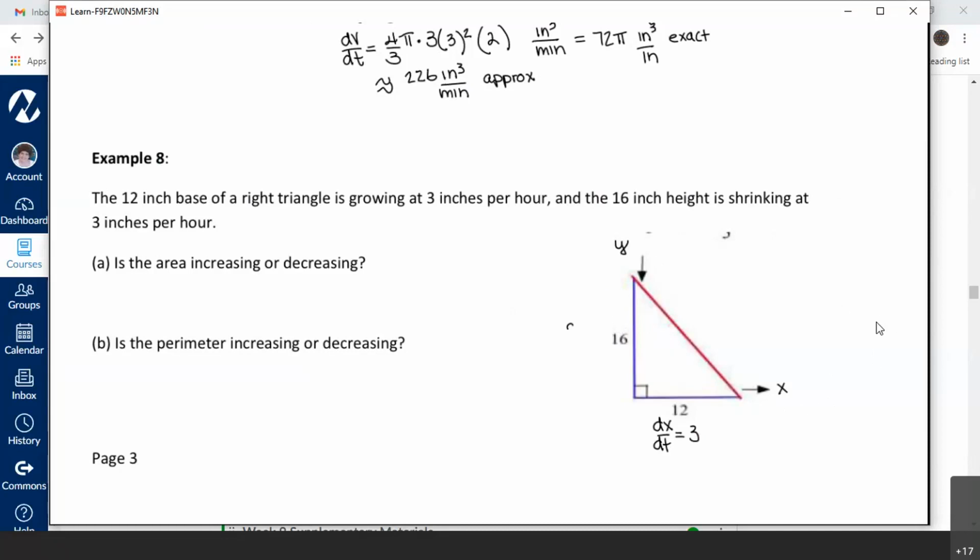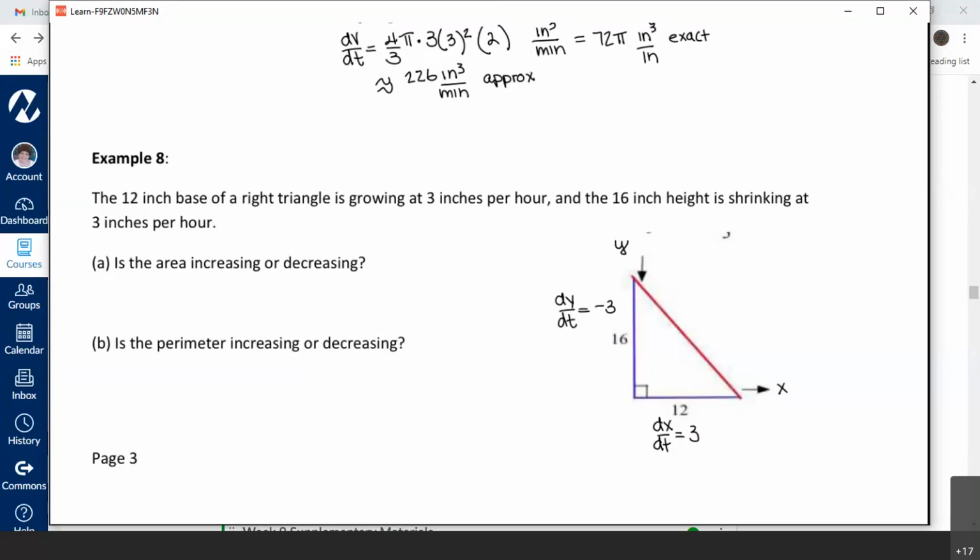So this is dy/dt. And they're telling me it's shrinking at the rate of 3 inches per hour. So that would mean that it's a negative value. So dy/dt equals -3. So that's taking the information from the problem and actually labeling the diagram with it.